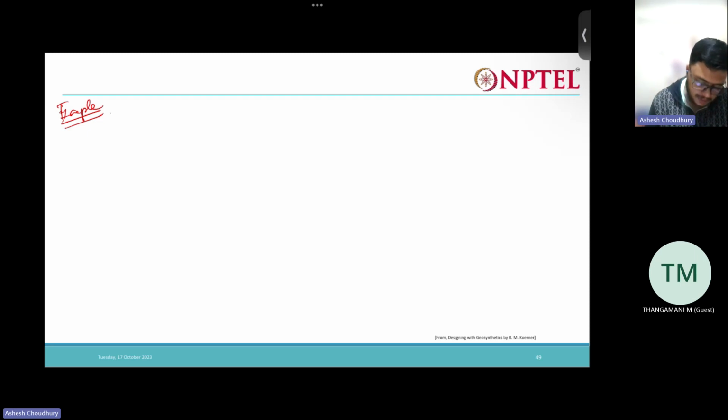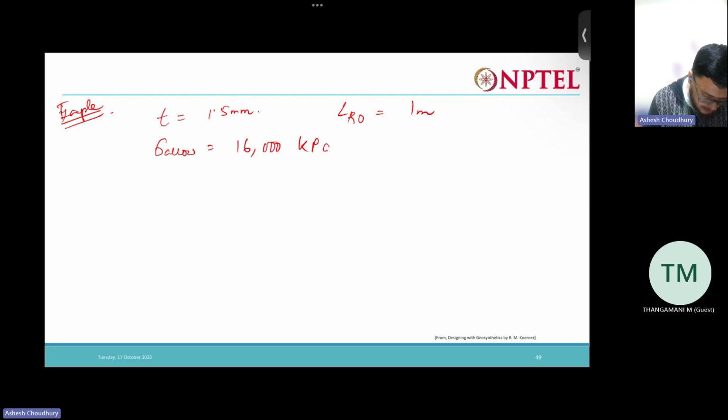So in that case I will just directly take thickness as given, runout length is given as say 1 meter. Allowable stress is 16,000 kPa.